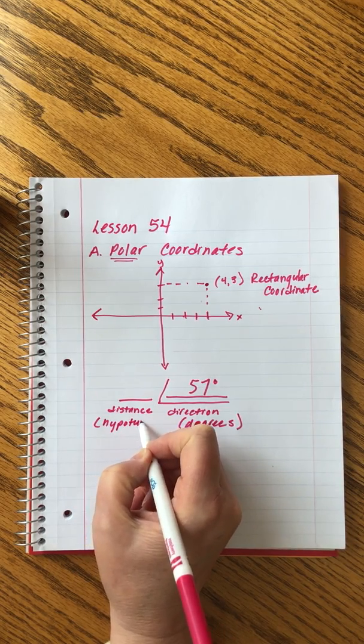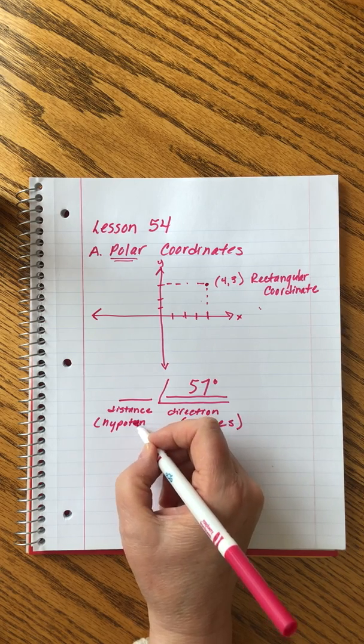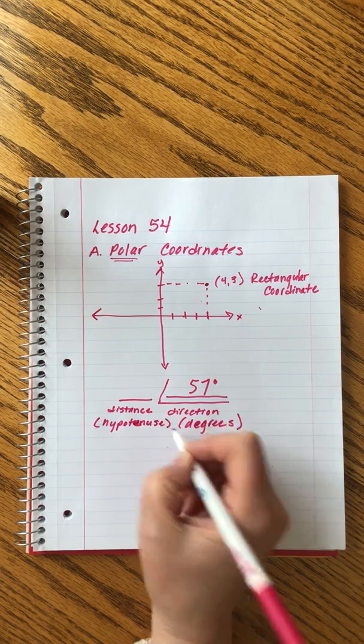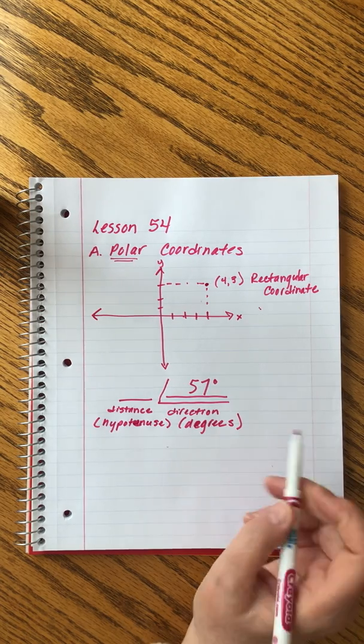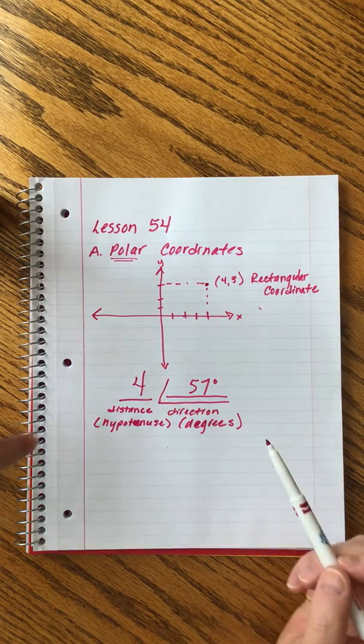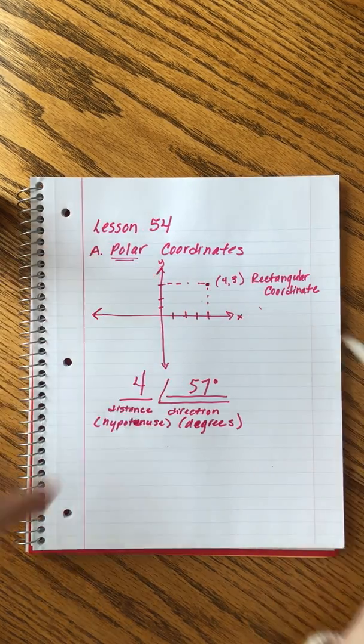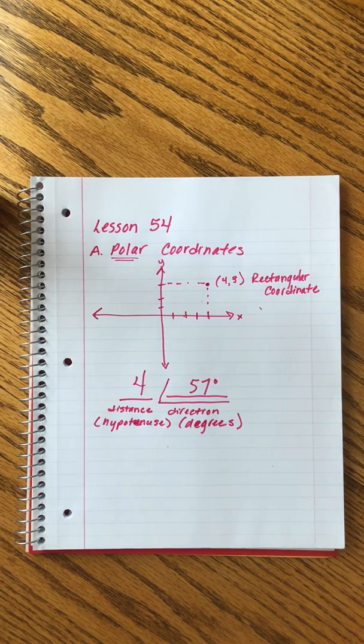You'll see what I mean in just a second. Hypotenuse. Okay, and in our first example, it's 4. So what we have to learn how to do is to take instructions like this and turn them into a location. That is our goal.